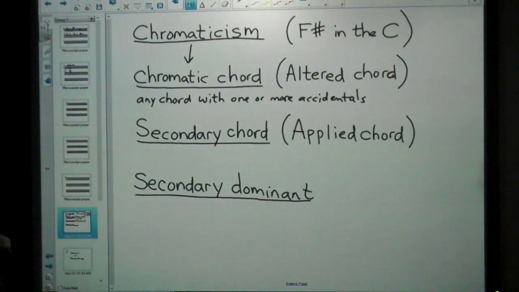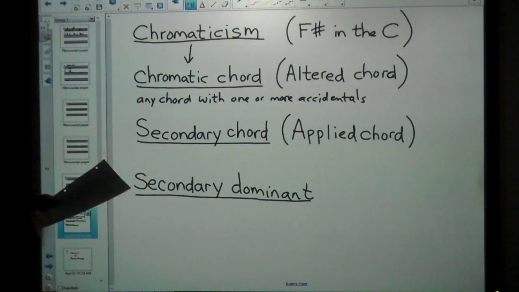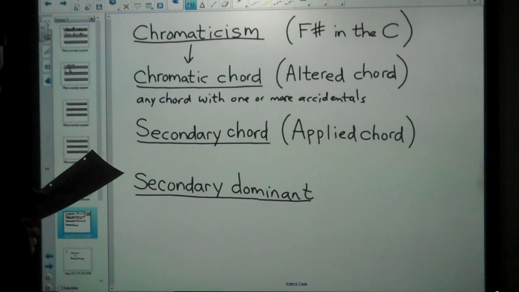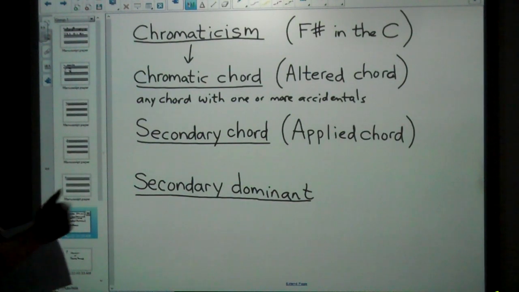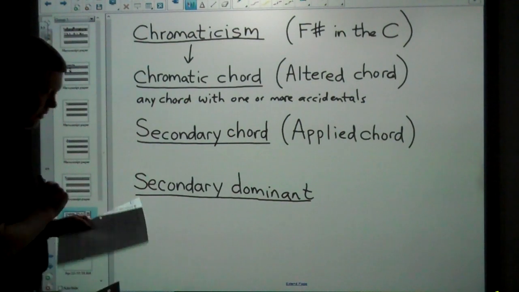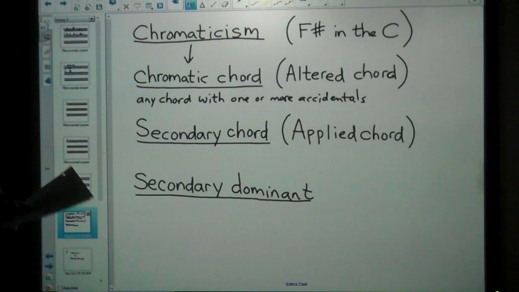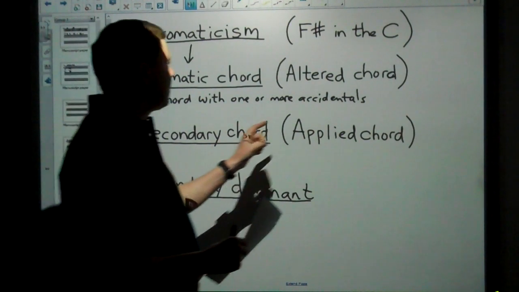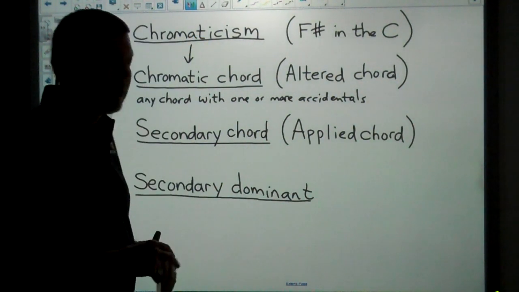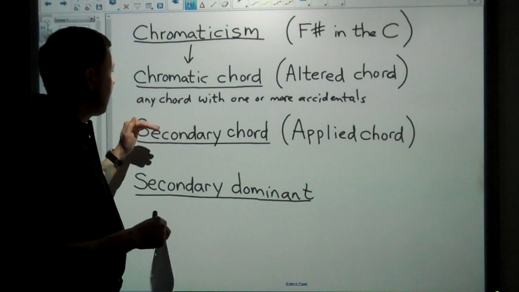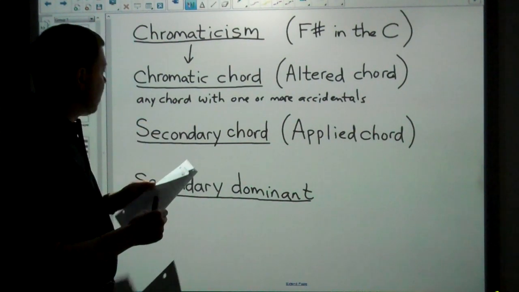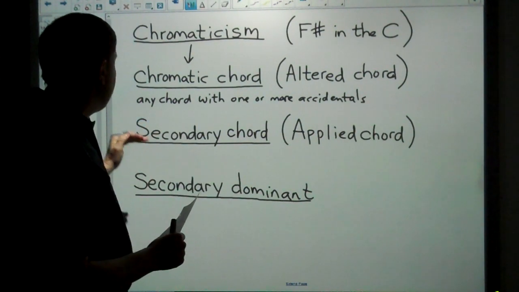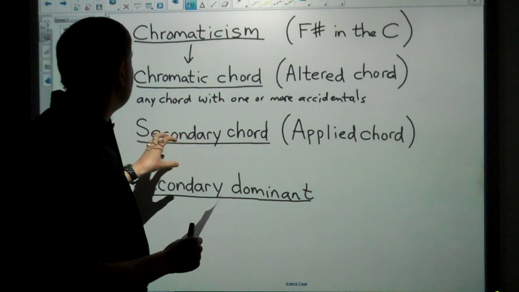The most commonly encountered chromatic chord in tonal music is called a secondary chord. Another term for a secondary chord is the term applied chord. I will define a secondary chord in just a moment, but I want you to get used to this terminology.